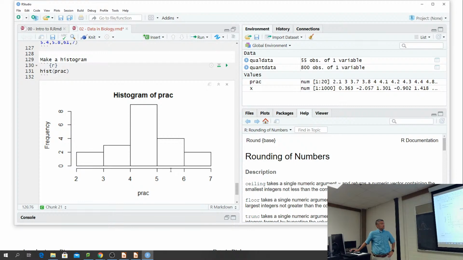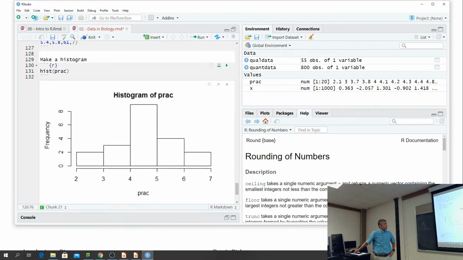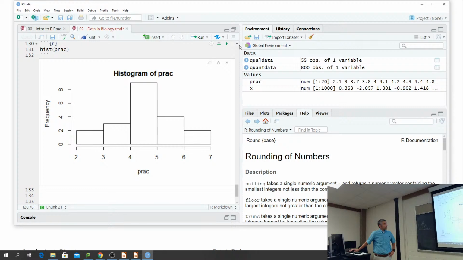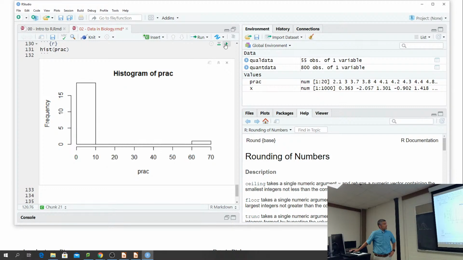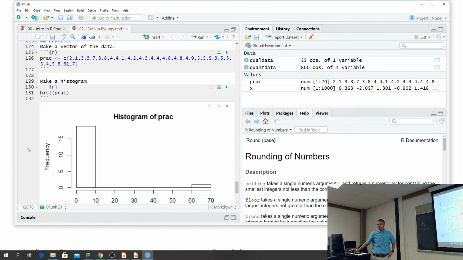I do histograms a lot, because I'm going to show you something different. What happens if I get a histogram like that? Data entry problem. All right. Common mistake. It happens.